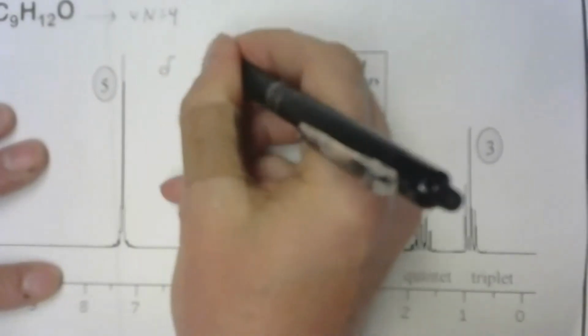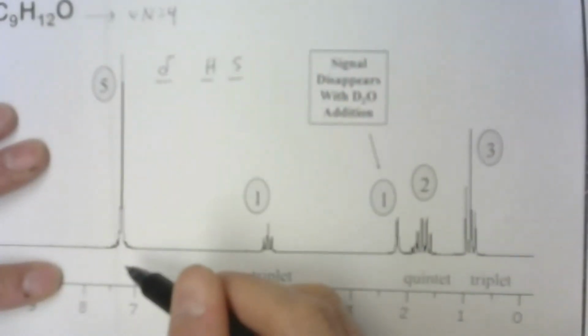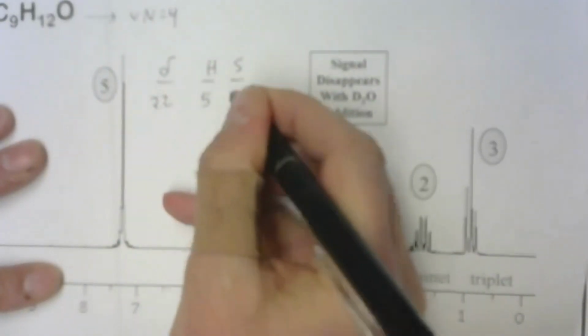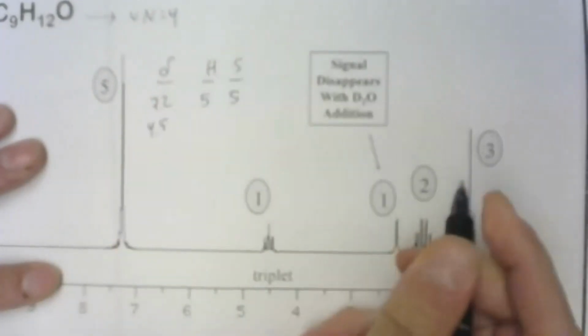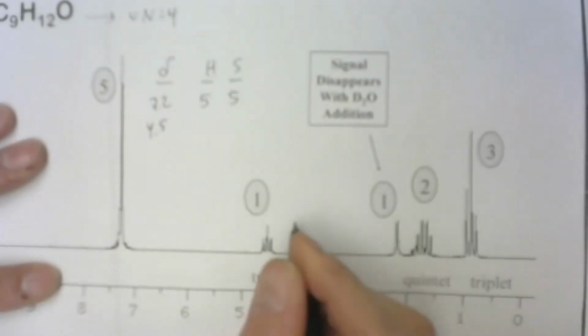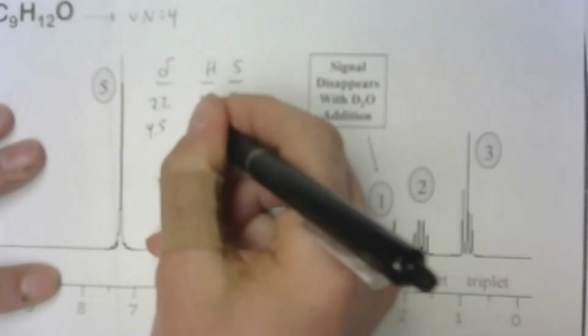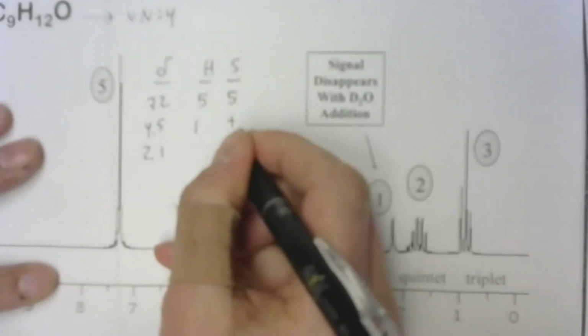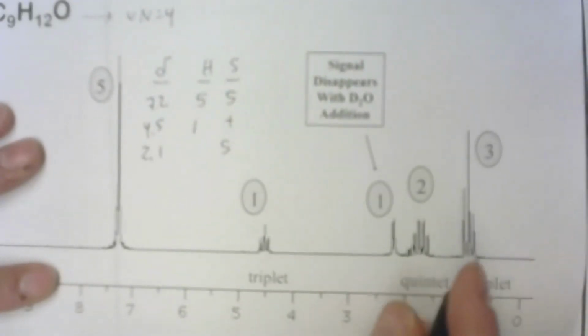So let's make a table. Delta, H's. Okay, I'll go left to right. 7.2, 5 protons, singlet. 4.5 is a triplet of 1H. 2.1 is a singlet of one proton.